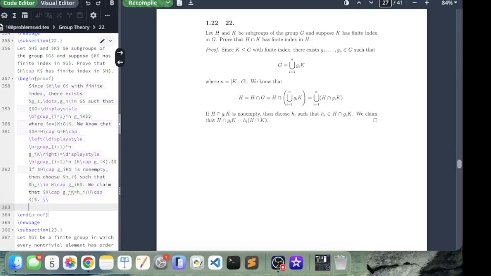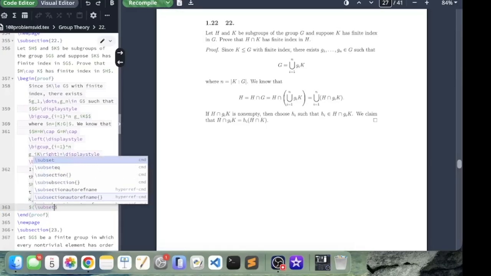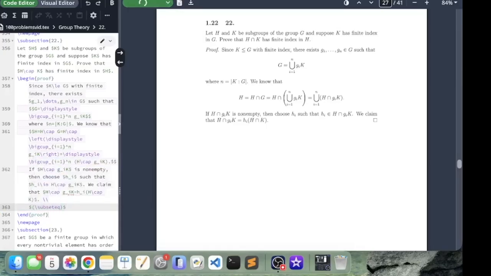Okay. So we're going to do element chasing, subset equals. Let x be in this first set.